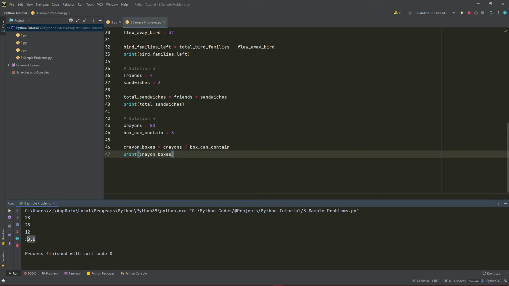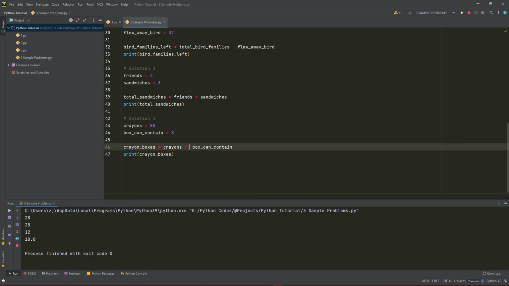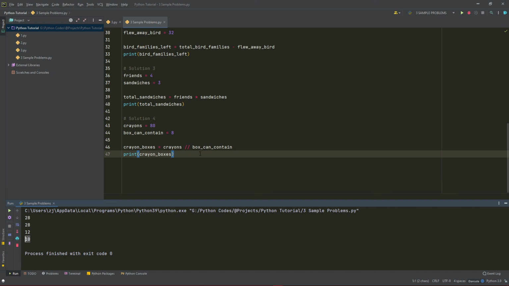Why is it not a whole number? So we basically use the floor division for this because we already know that the result will be a whole number, which is 80 divided by 8 is basically 10, right? So we use the floor division for this, and we're going to have a whole number, which is 10.